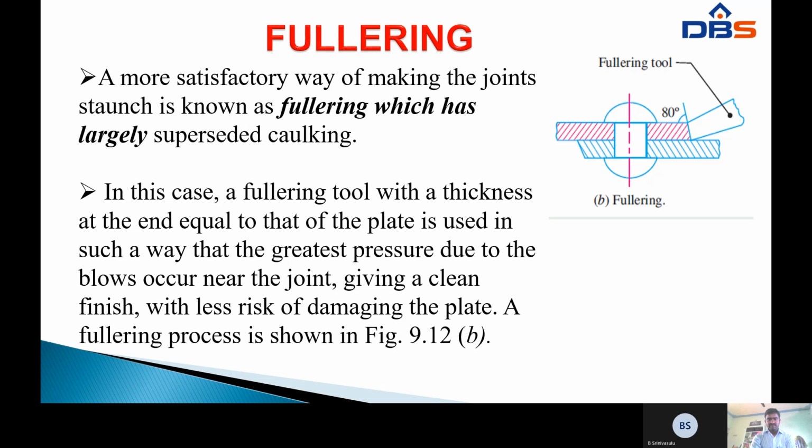In this case, the fullering tool, which has a thickness at the end equal to that of the plate, is used in such a way that the greatest pressure due to the blows occurs near the joint, giving a clean finish with less risk of damaging the plate. The fullering process is shown in figure 9.12b. Now, this is the fullering.